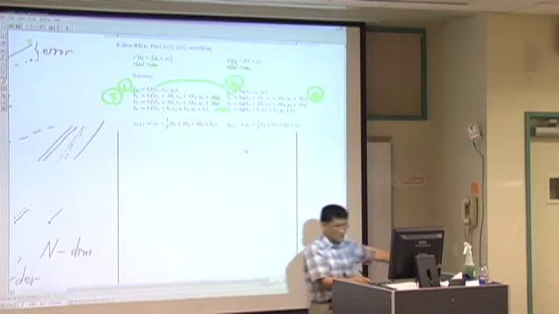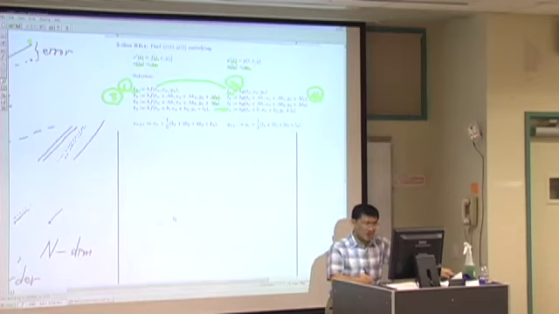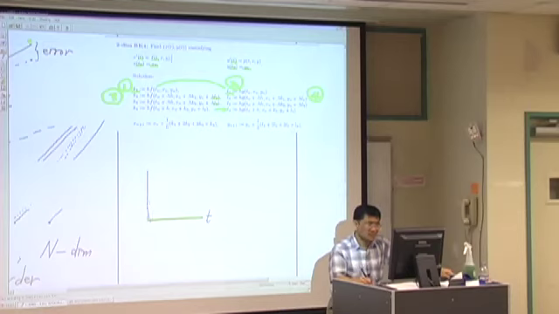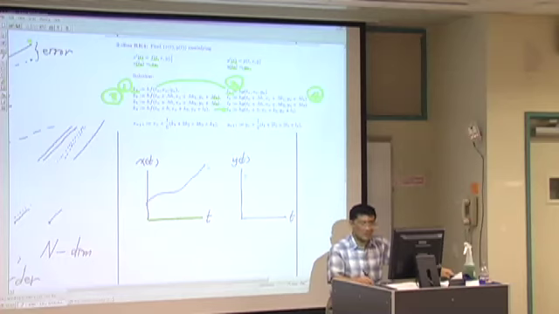Then this is the situation. As t varies, both x of t and y of t vary, right? So as t varies, x of t varies, and y of t varies.